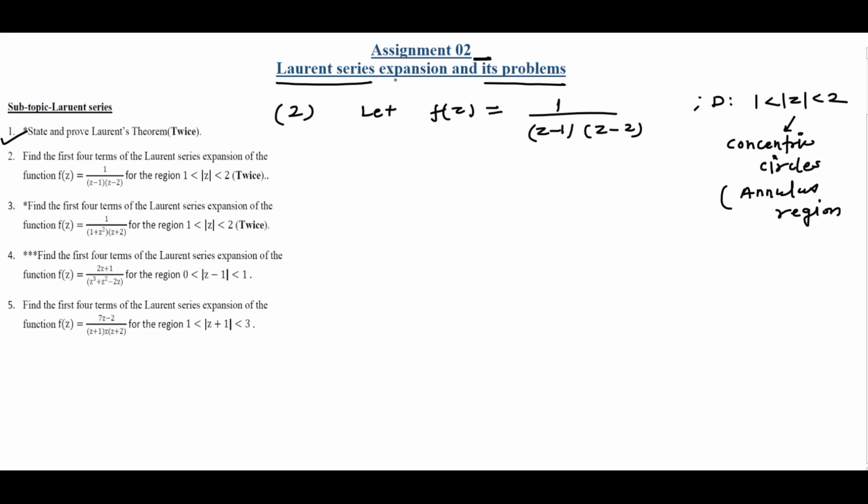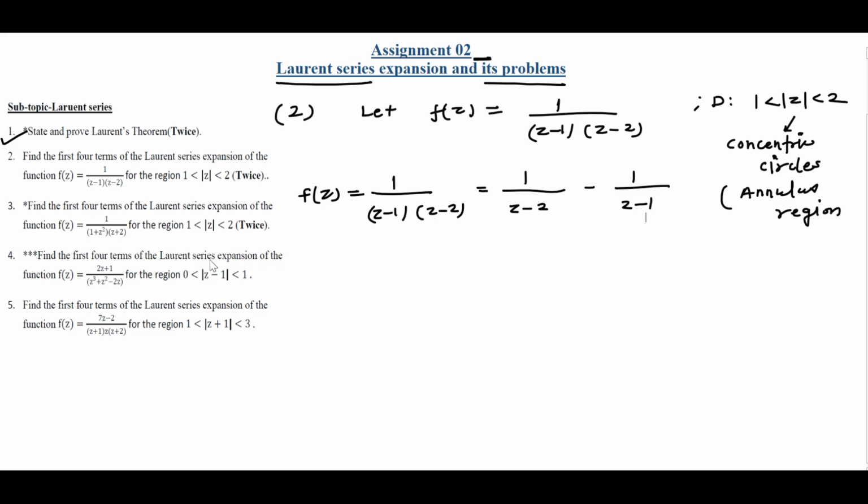First of all, we have to write the given function f(z) in the simplest form. 1/((z-1)(z-2)) can be written as 1/(z-2) - 1/(z-1).